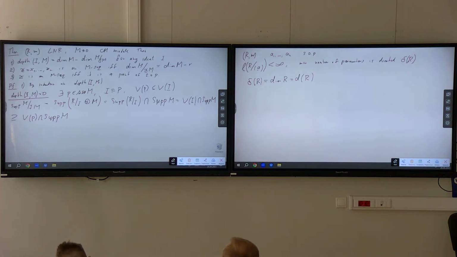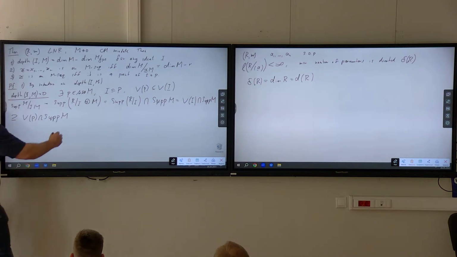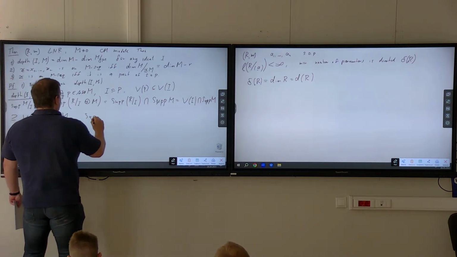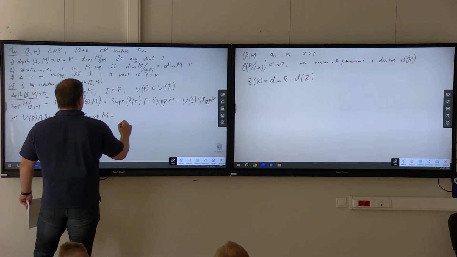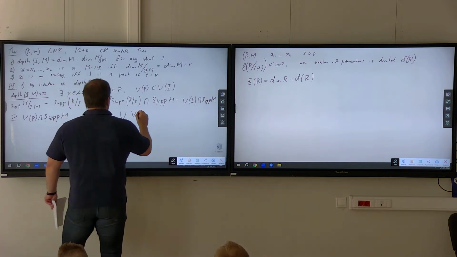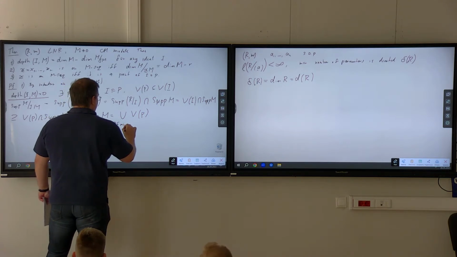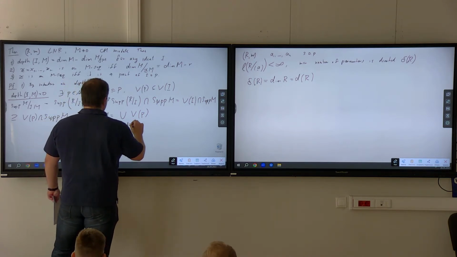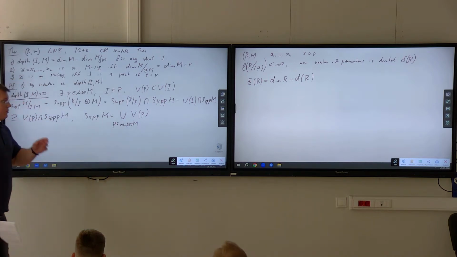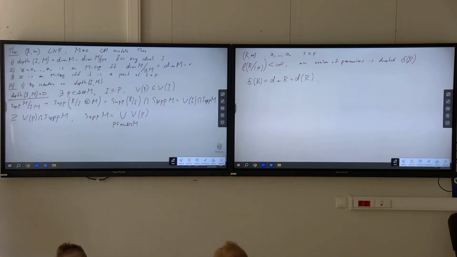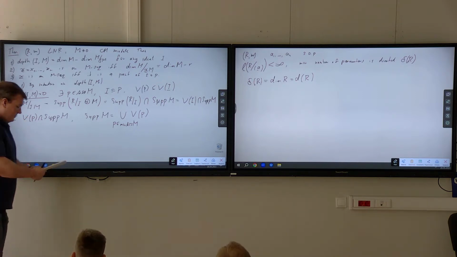Because V of P is contained in V of I. But on the other hand, the support of M, we explicitly know that this is the union of the V of P, where P is a minimal associated prime, but this is for a Noetherian situation. Every associated prime is minimal. So what we have in this intersection is just some V of P for some associated prime P.